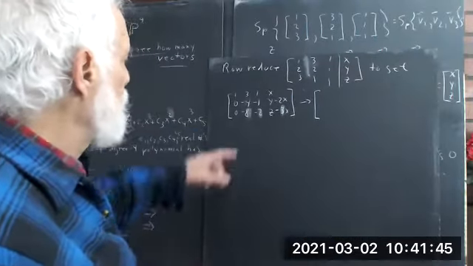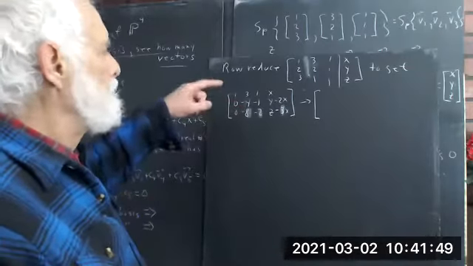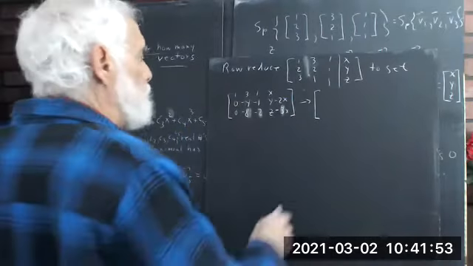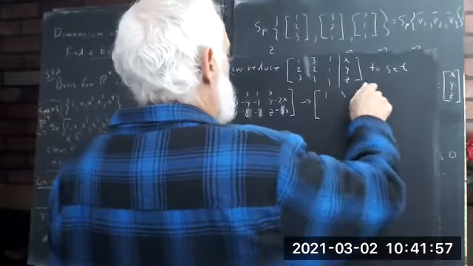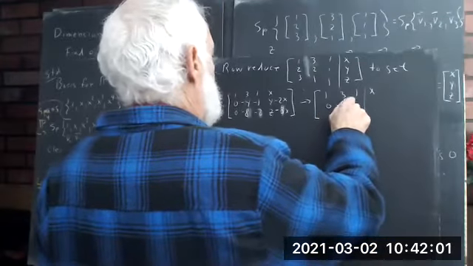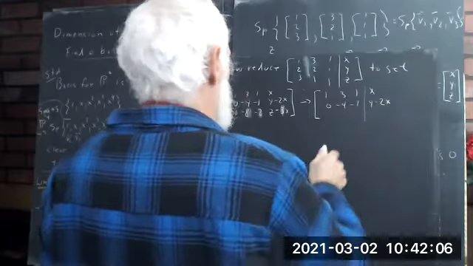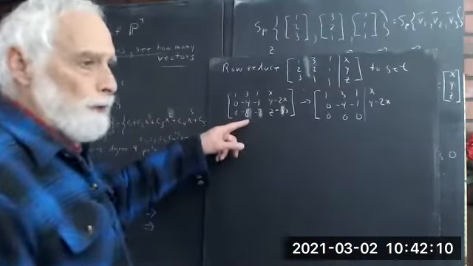Well, if we then subtract twice the second row from the third, we're going to get all zeros here.